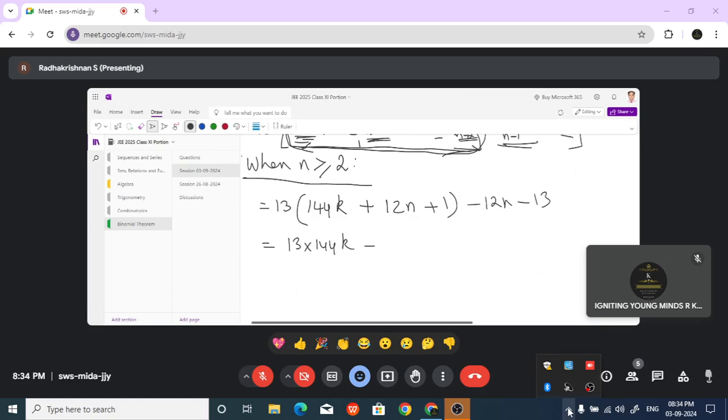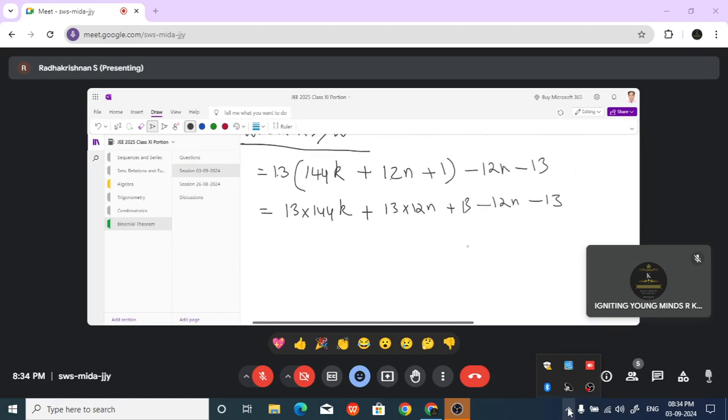13 into 144k plus 13 into 12n plus 1 minus 12n minus 13. Sorry, 13 into 12n, 13 into 1 is 13. This is some 144 into 13k.